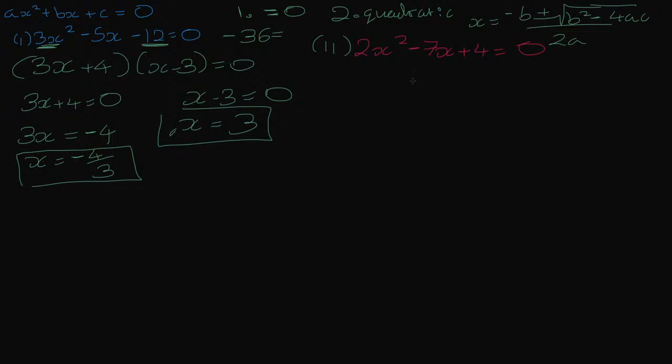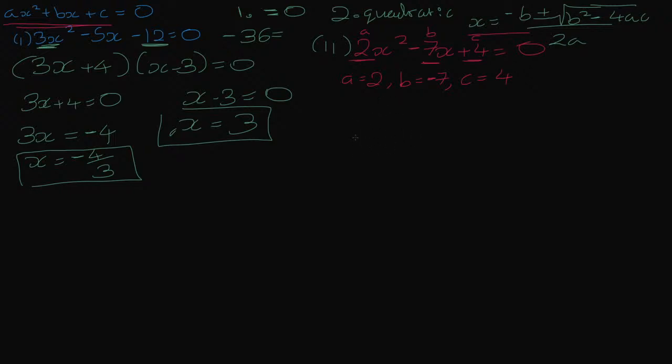So we'd use our quadratic formula, x equal to minus b. In this case, a would be 2, b would be minus 7, and c would be 4, as you can see from up here, in that form on our top left. That's where you get the numbers from.